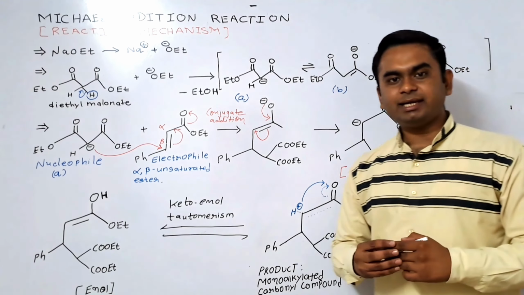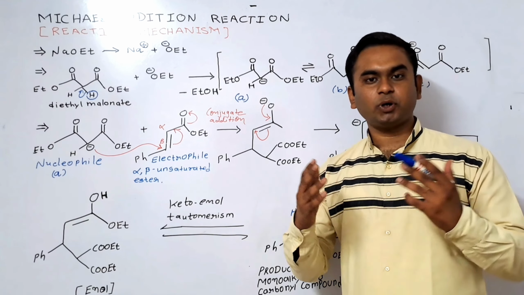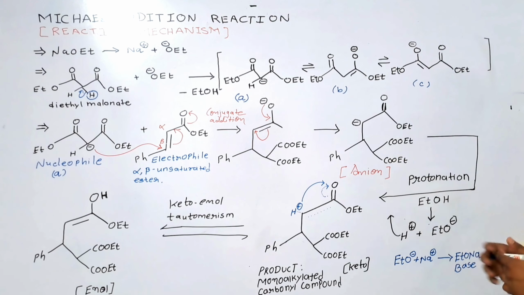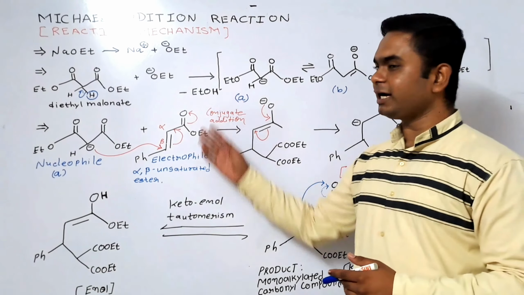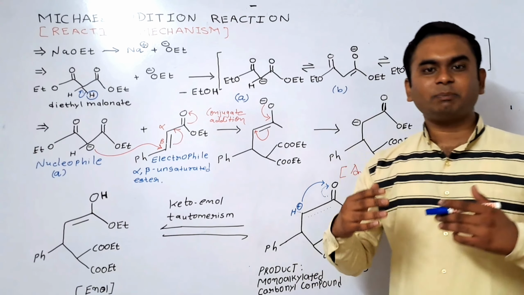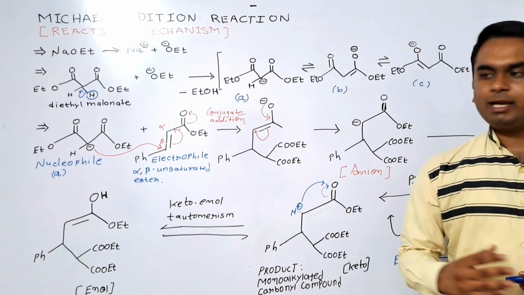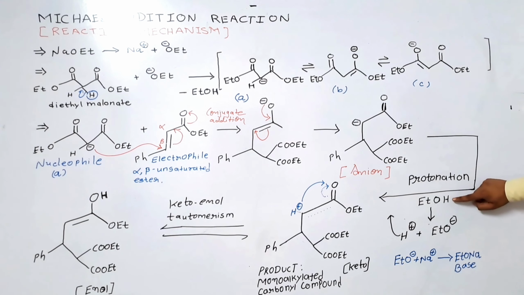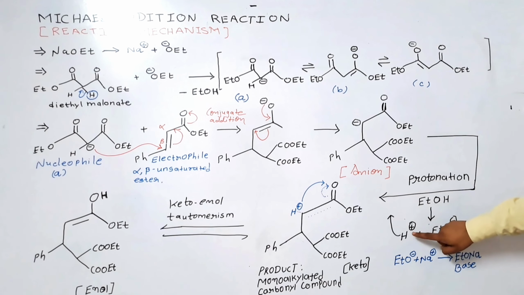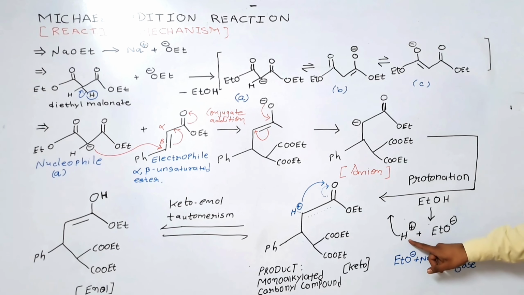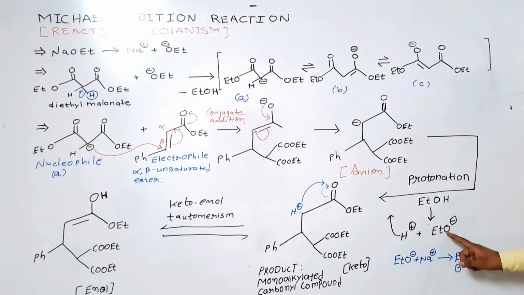Now the last and interesting step is protonation of this anion. In this protonation reaction, our removed ethanol is used as the proton donor. In the first step, the ethanol will be ionized into two ions, H plus and ethoxide ions.